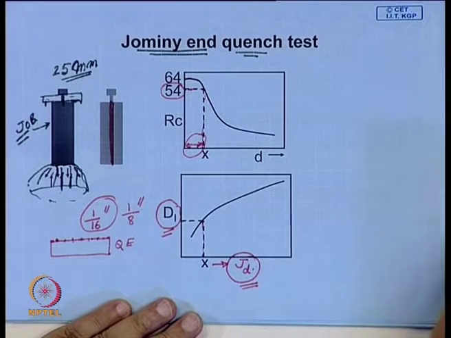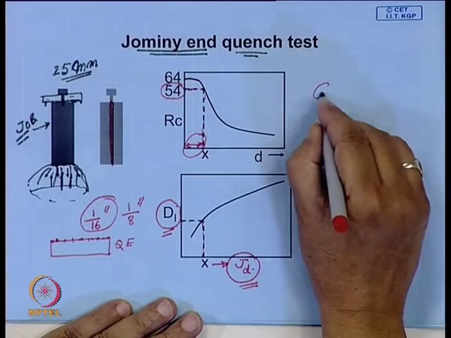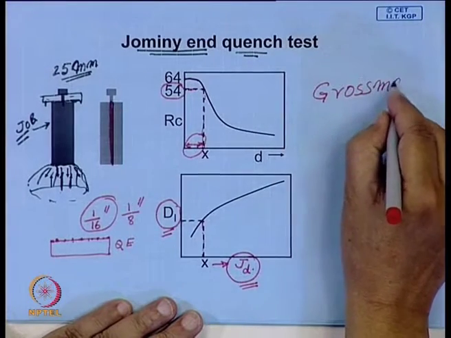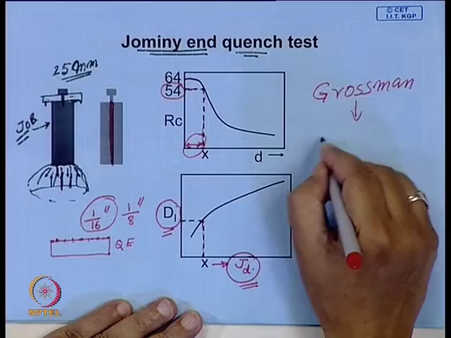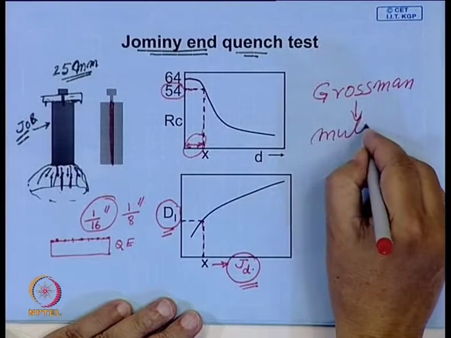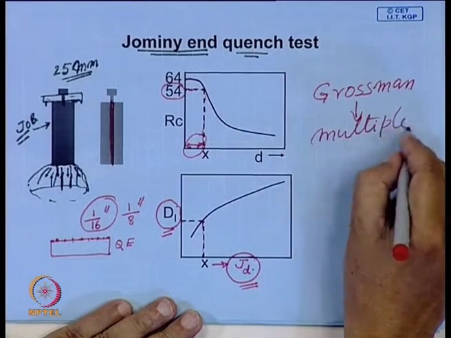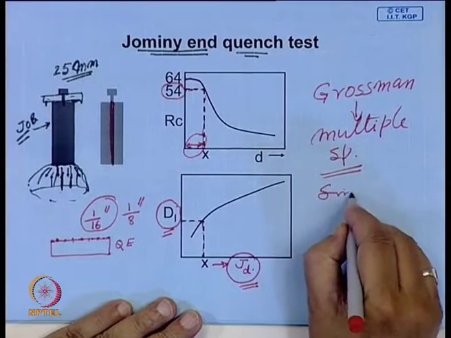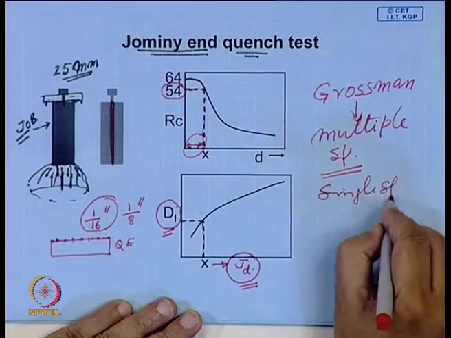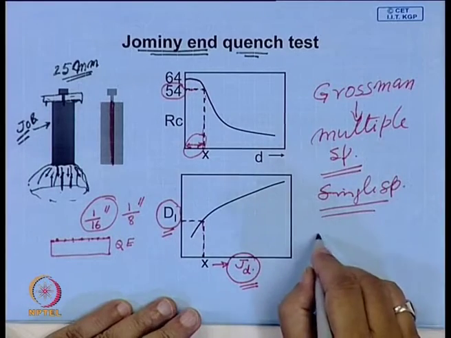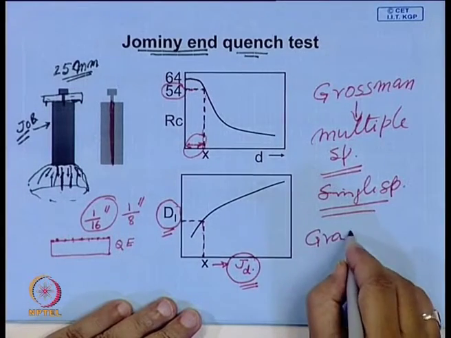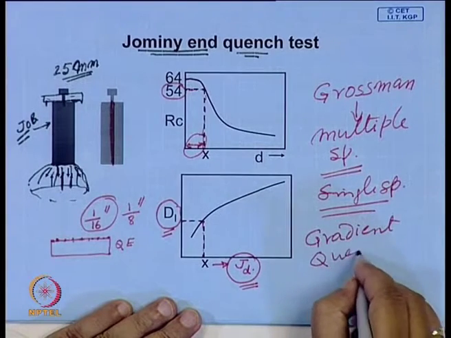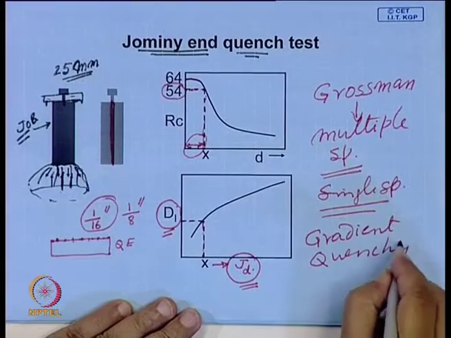So, compared to the Grossman method, where you need multiple specimens, here you need a single specimen, and what you are using? You are using the gradient quenching method.